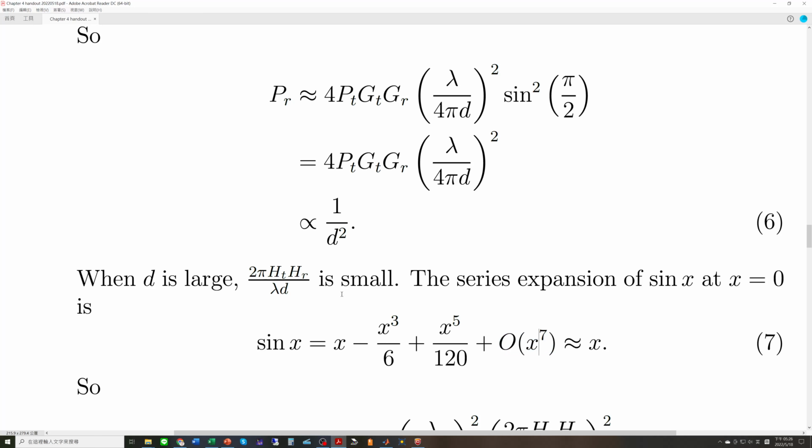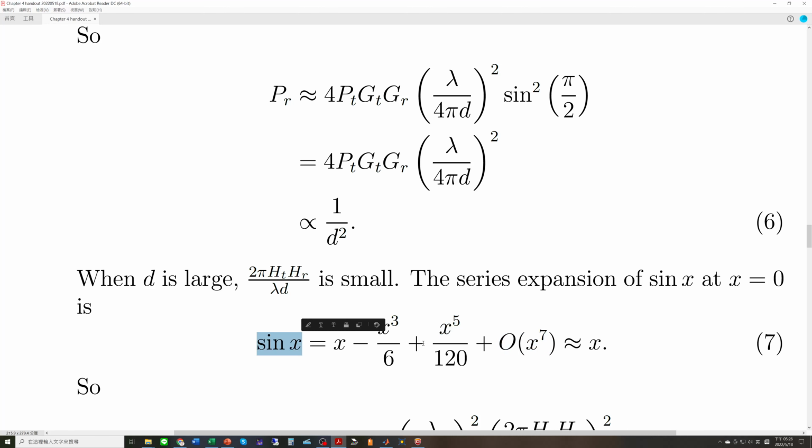Because now x approaches 0, it means that x is very small, and x to the power of 3 is much smaller, so we can neglect it. Similarly, we can also neglect the x to the power of 5 term and big O of x to the power of 7.